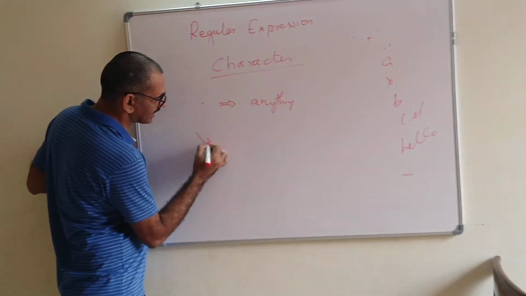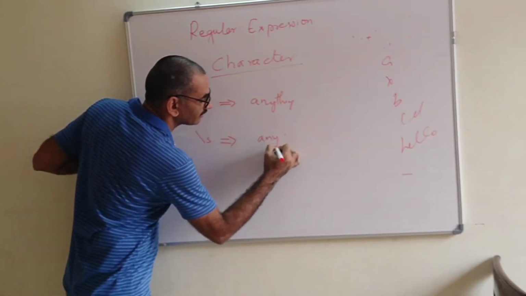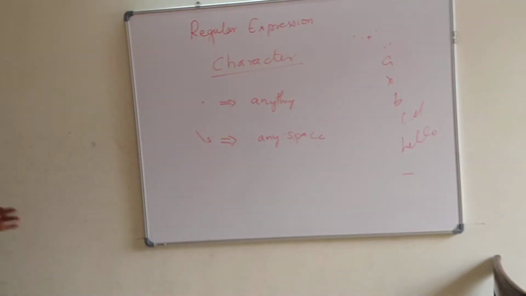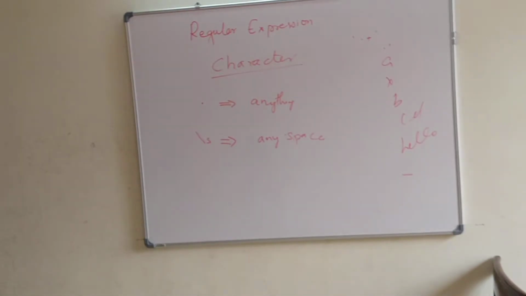Another useful thing is small s, which means any space character. This is different from a regular space, because a tab, a line break, or a space can all be matched by this.